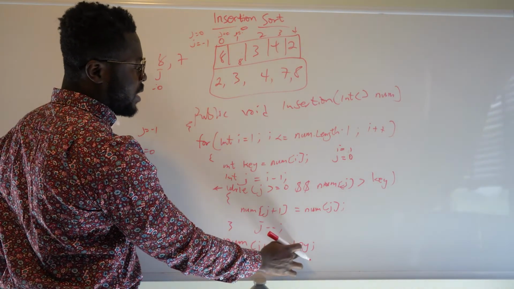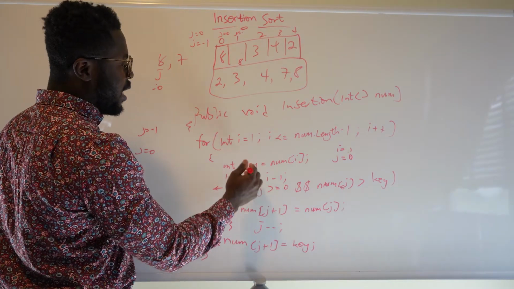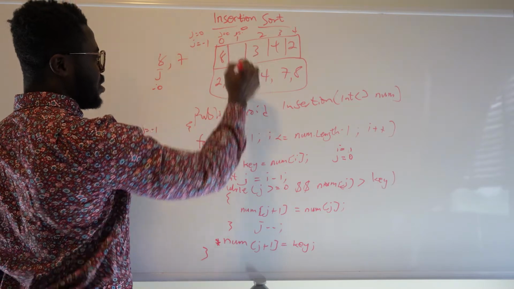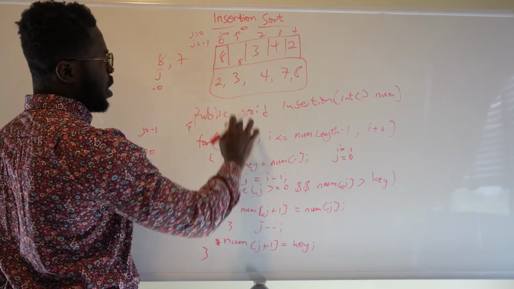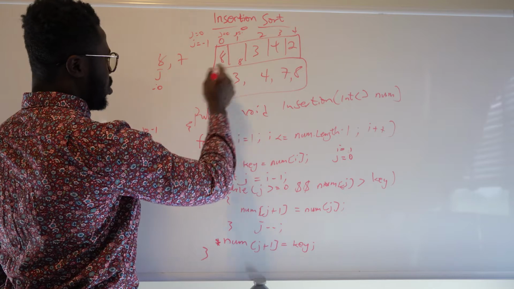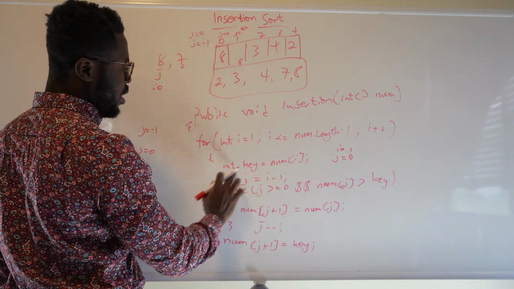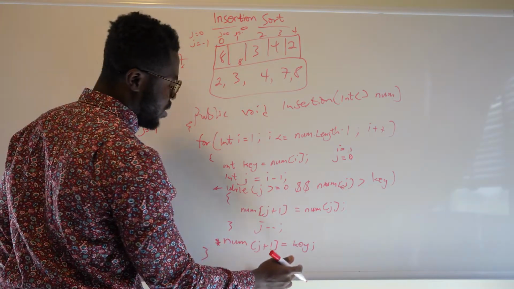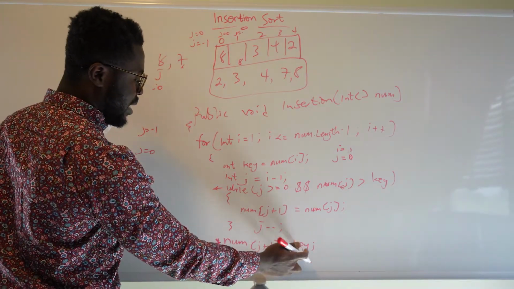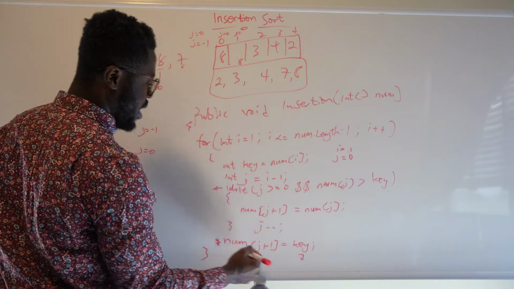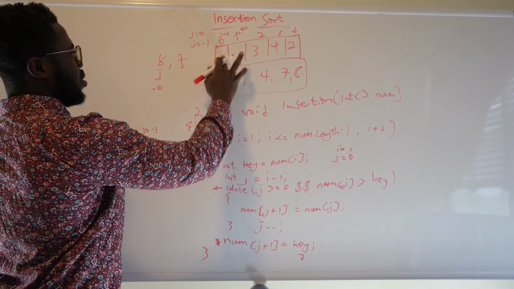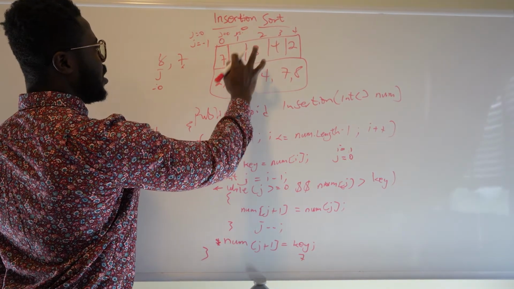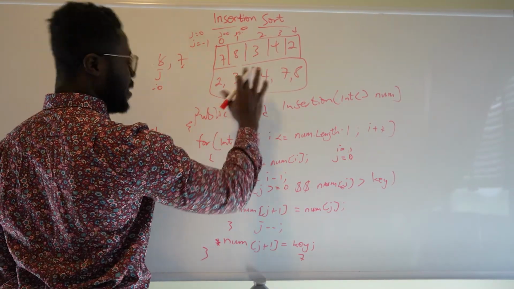So we overwrite it with key, and key is num at i, and i is 1, and num at 1 was 7. So we store it before we overwrite it, right? So 7 will come here. After the first iteration, we are going to have 7, 8, 3, 3.